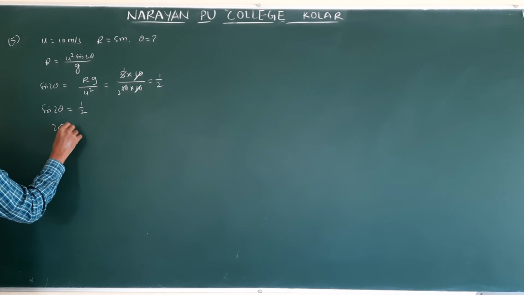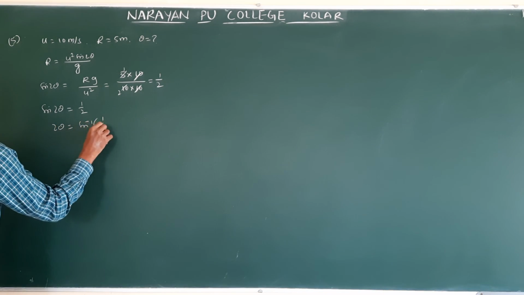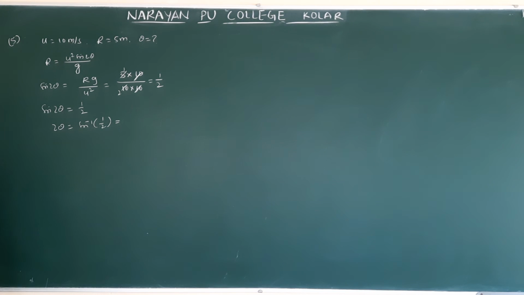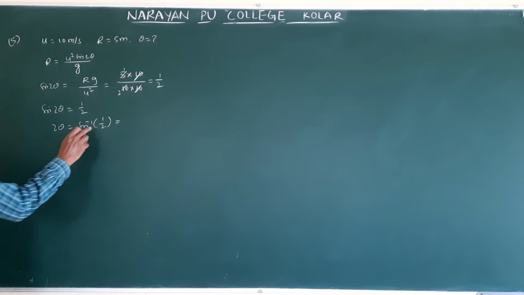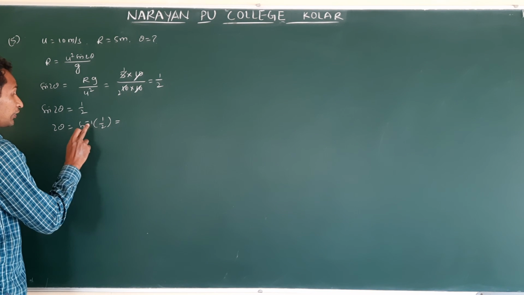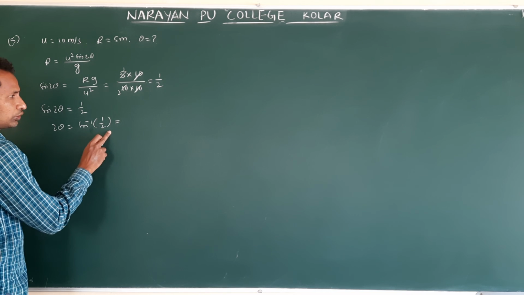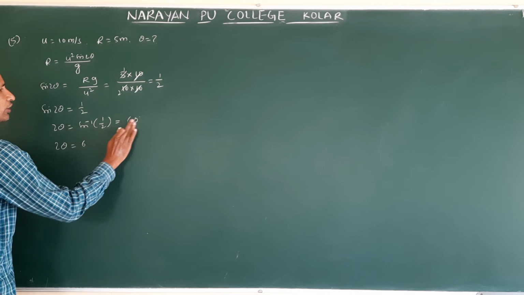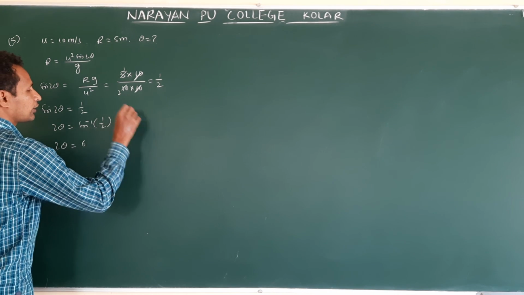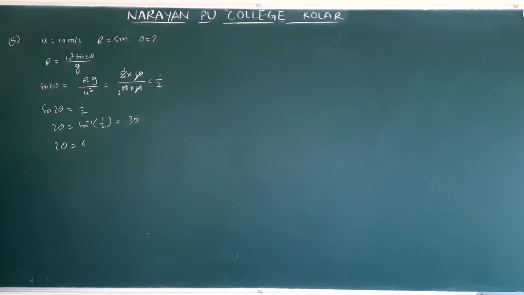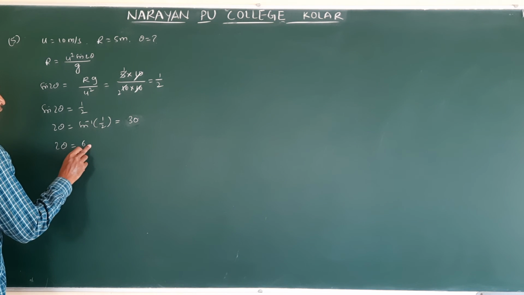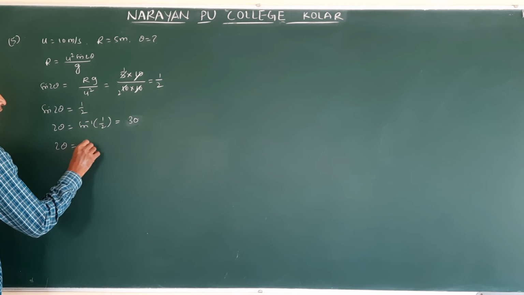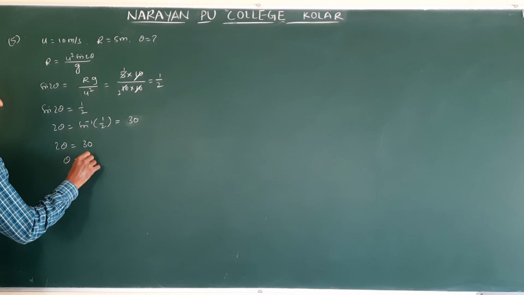So 2 theta is equal to sin inverse of 1 by 2. For which angle is sin 1 by 2? It is 30 degrees. Then 2 theta is equal to 30 degrees. Am I correct? Okay, now 2 theta is equal to 30, theta is equal to 30 by 2.